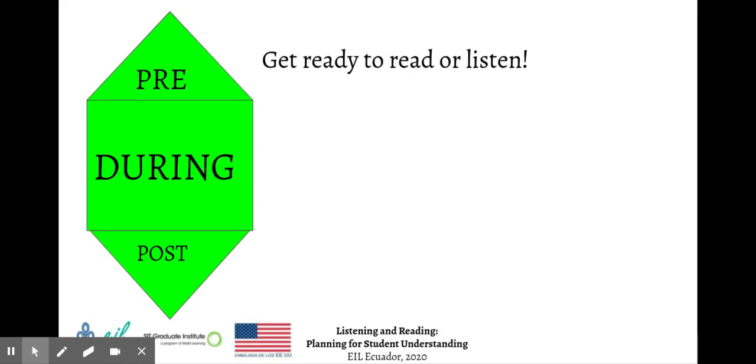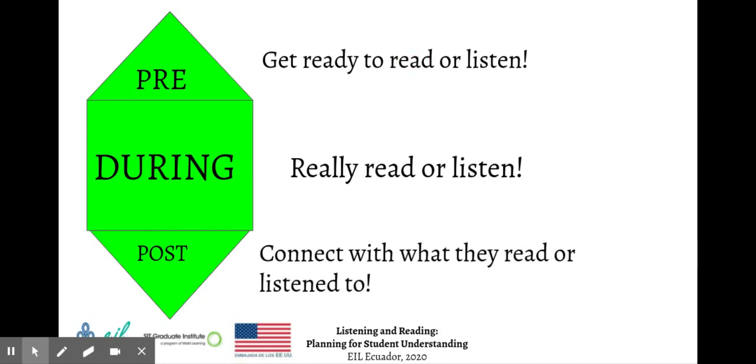With a during stage, where students do several activities as they're reading or as they're listening. And finally, with a post stage, which is where they make personal connections or connections to their real life or connections to their language learning with what they have read or listened to. So this pre, during, and post framework is how we will be planning out some lessons very quickly.